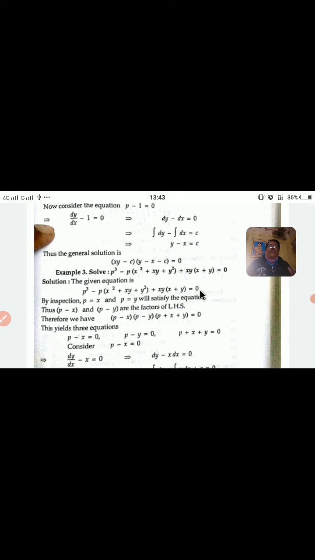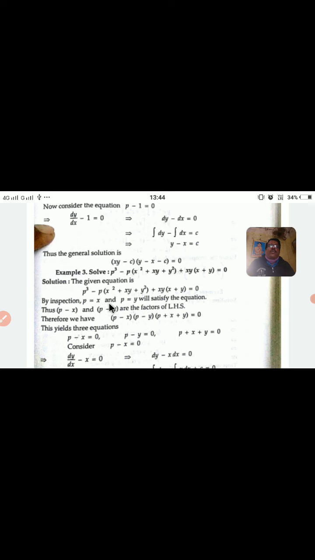So by the inspection method, what we got is p equal to x. When you substitute p equal to x here, this means x cube minus x into, then multiply this with all these terms, and simplify these terms, and you will get this as 0. So by the inspection method, p equal to x is one solution we got.